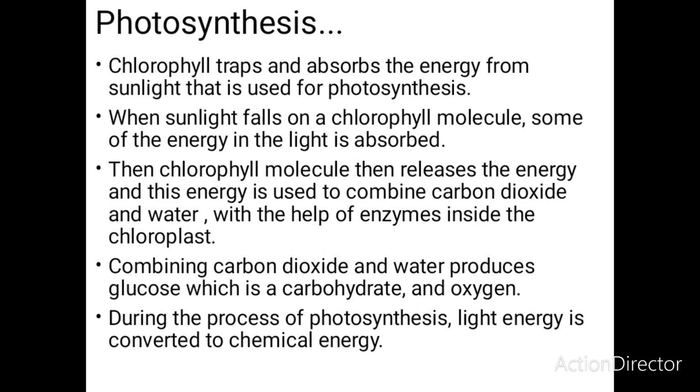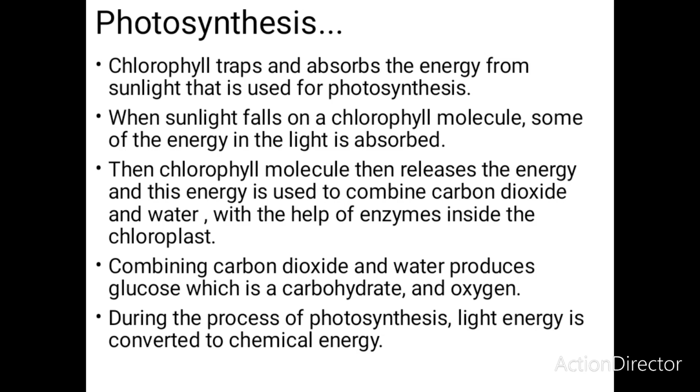Chlorophyll traps and absorbs energy from sunlight, and this energy is used during photosynthesis. When light falls on a chlorophyll molecule, some of the energy from the light is absorbed, and this energy is used to combine carbon dioxide and water with the help of enzymes inside the chloroplast.